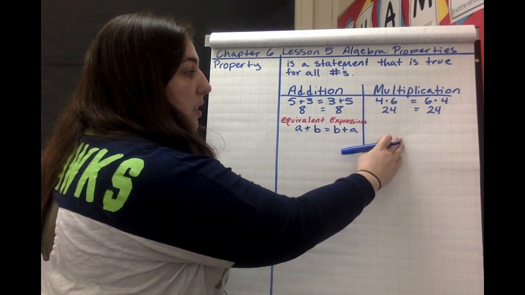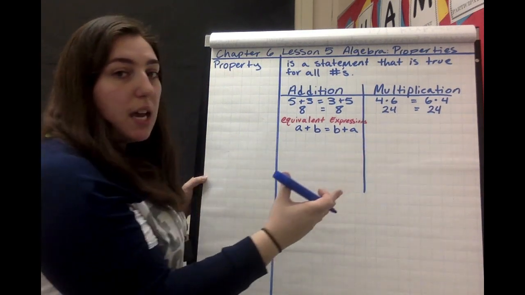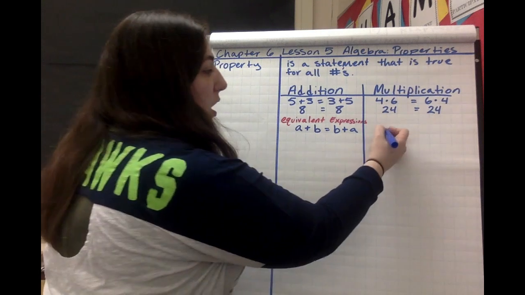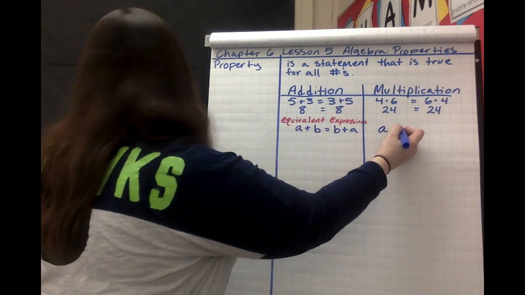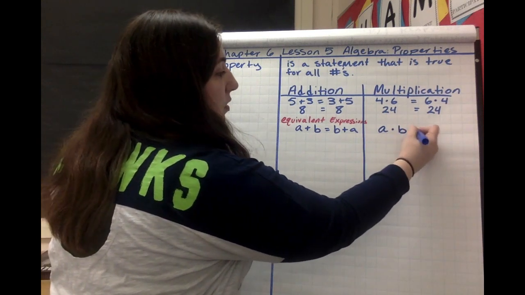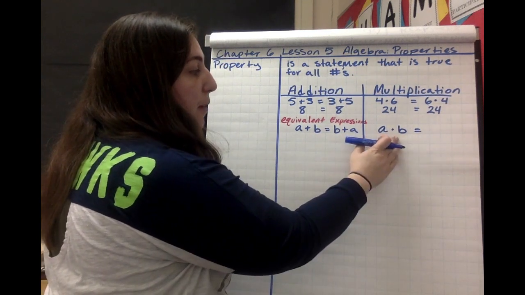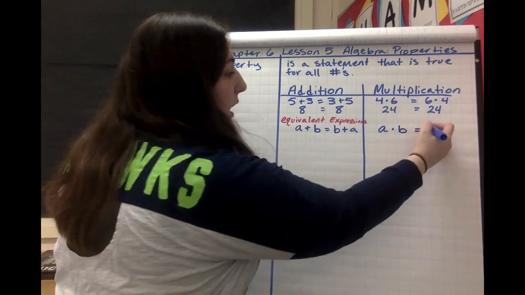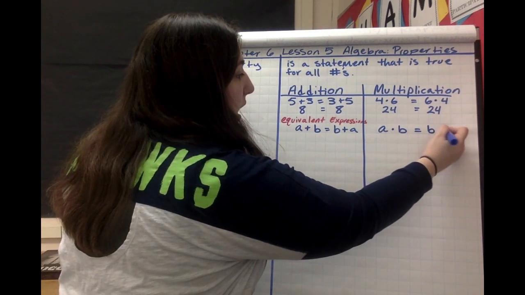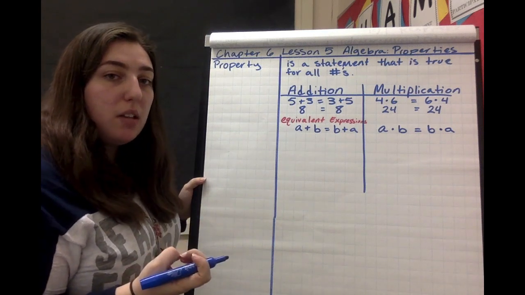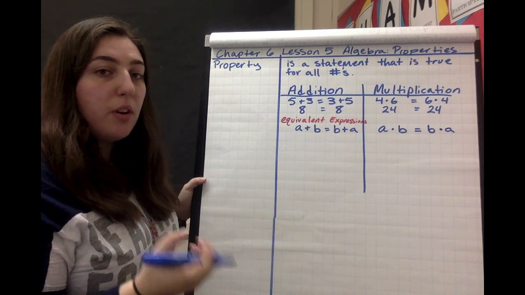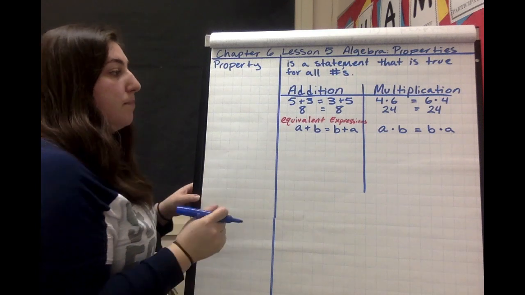Just like if I use it for the multiplication side, if I multiplied a times b, and I switch the order on this side to multiply b times a, I'm going to come up with the same answer even though they're in a different order.